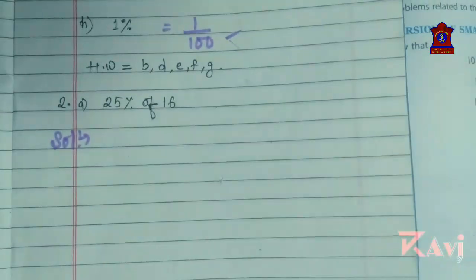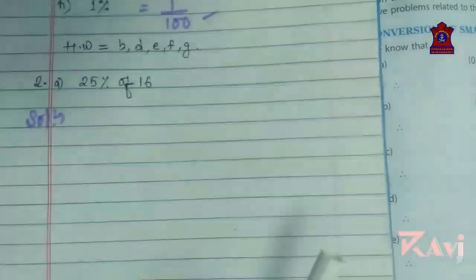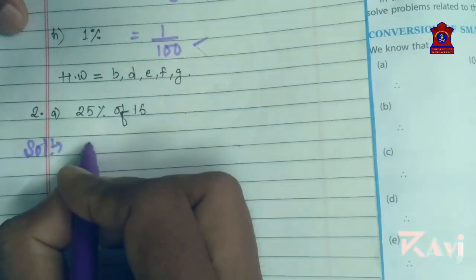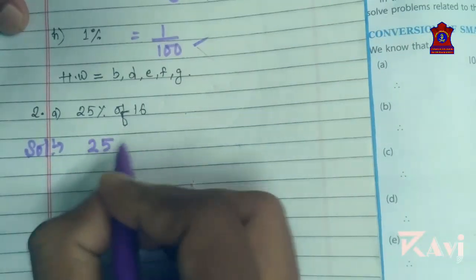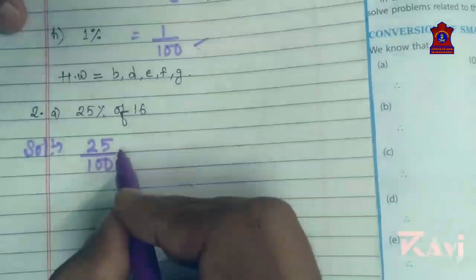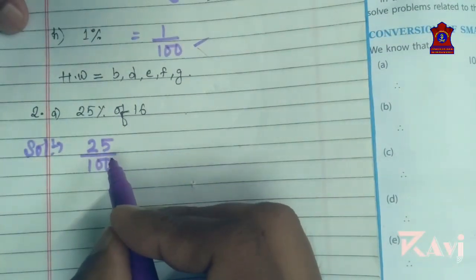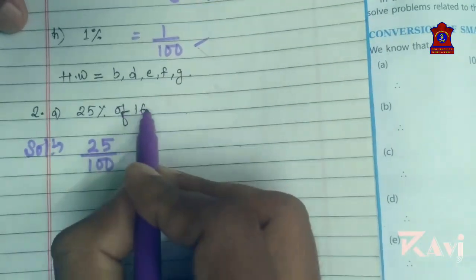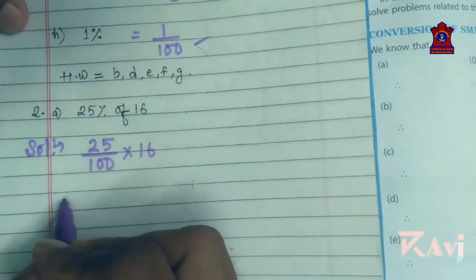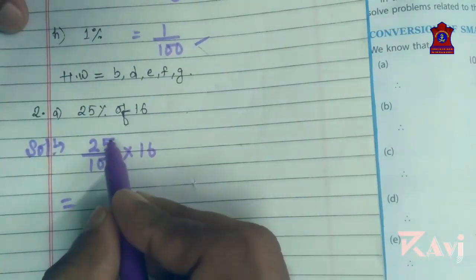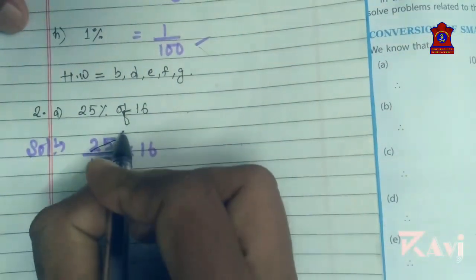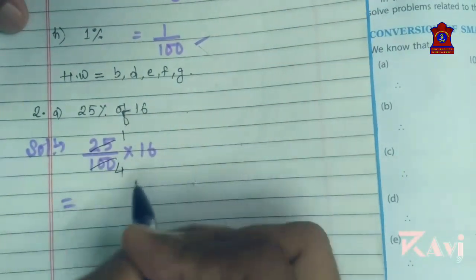Look at the following solution. 25% can be written as 25 by 100. Clear? Of 16, multiply by 16. So can we reduce 25 by 100 first? Yes. 25 ones are 25, 25 fours are 100.